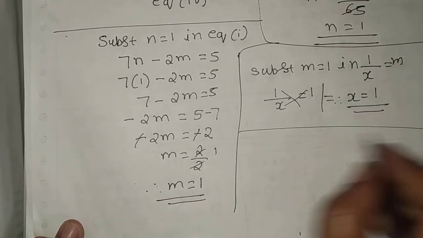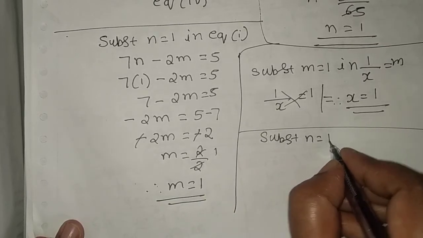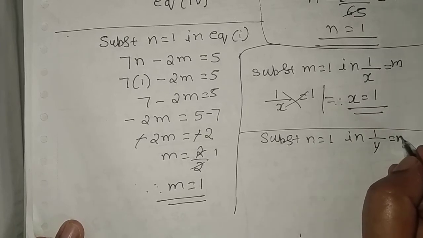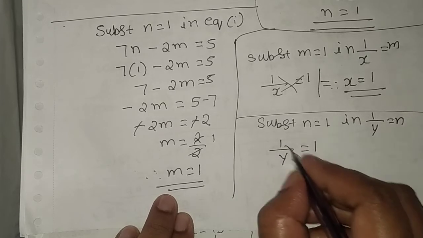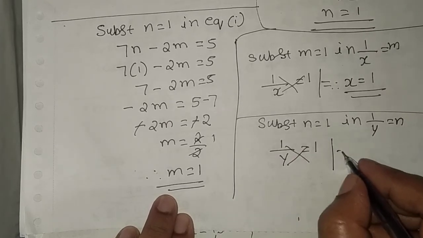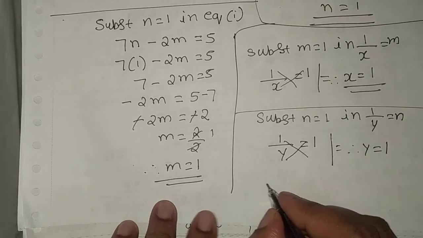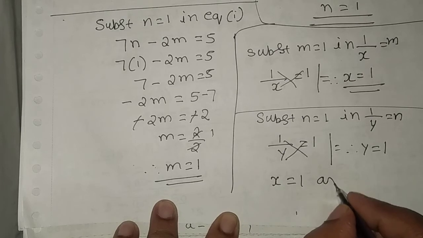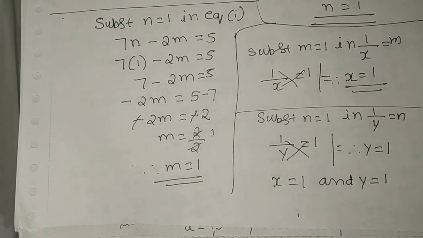And next is substitute n is equal to 1 in 1 by y is equal to n. Therefore 1 by y is equal to 1. Cross multiply this, we get y is equal to 1. Finally x is equal to 1 and y is equal to 1 is the solution.